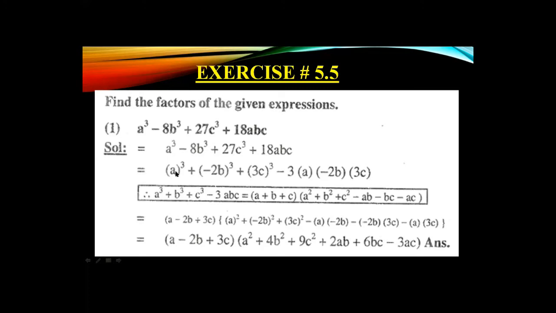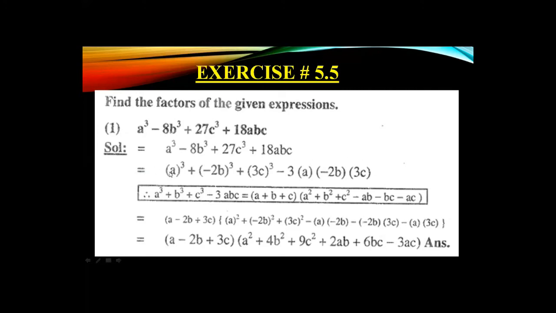So now it becomes a cube plus b cube plus c cube minus 3abc. So instead of a, we will use a. Instead of b, we will put minus 2b. Instead of c, we will put 3c. So now minus, minus, plus. Yes, it is plus in the question. And 3 2s are 6, and 6 3s are 18abc. Now this question is completely molded into the formula.